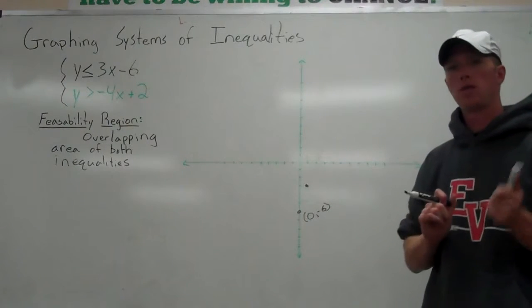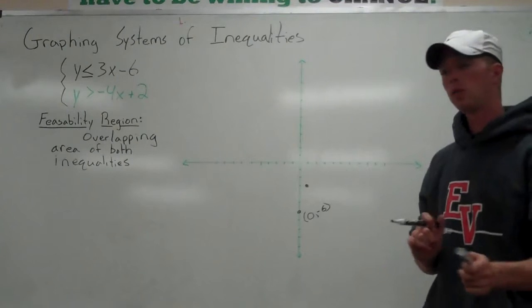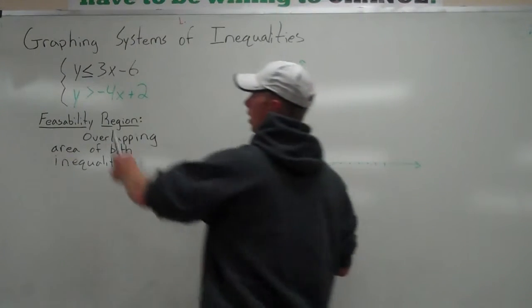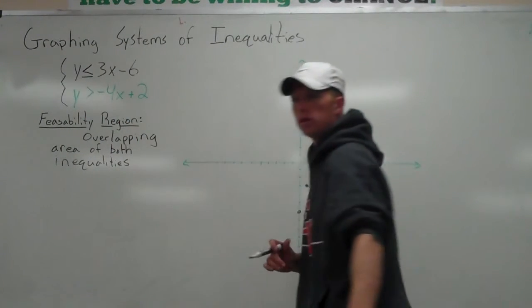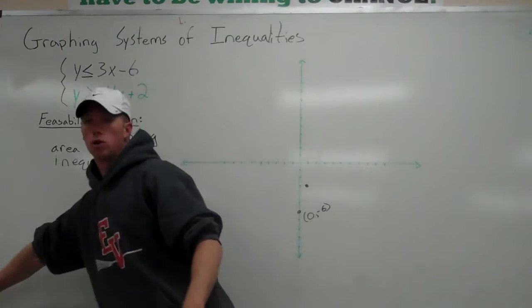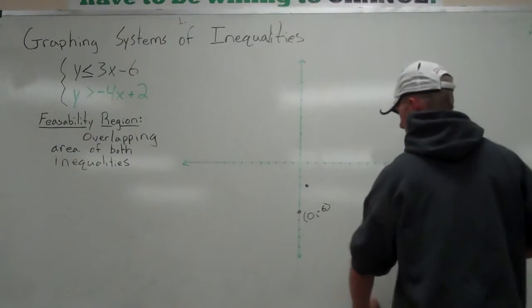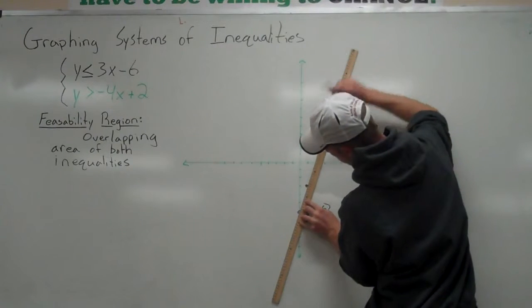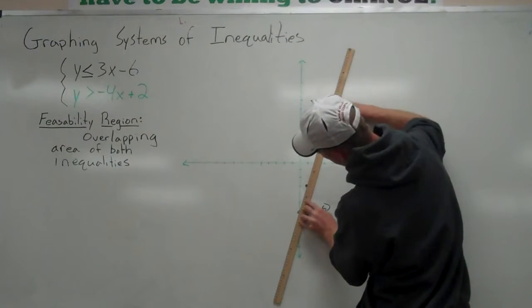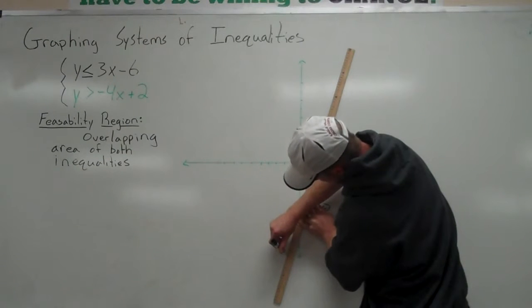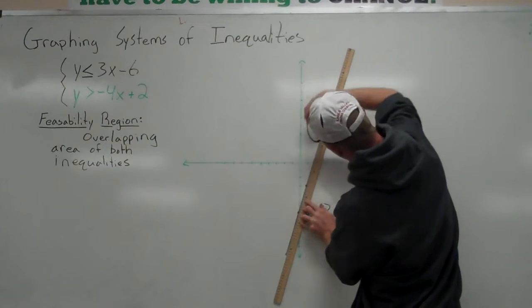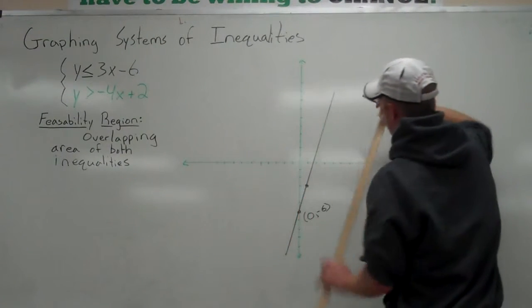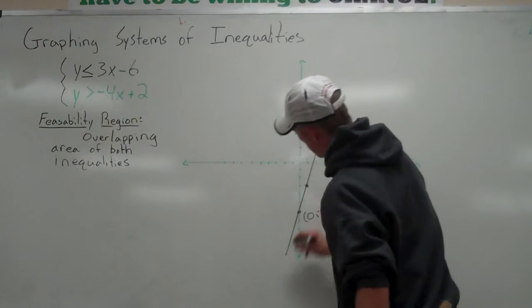But I have to ask myself in an inequality, what type of line should I draw? And here, because I have or equal to, I know that I'm going to draw a solid line. Take my ruler out here and draw my line.